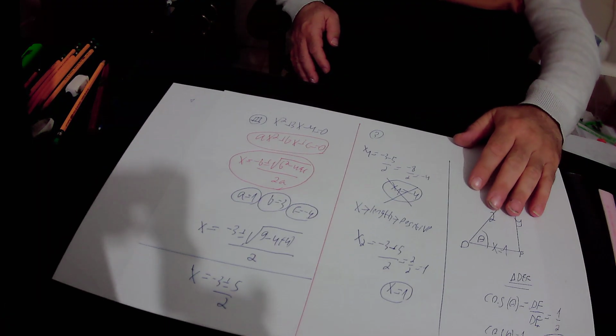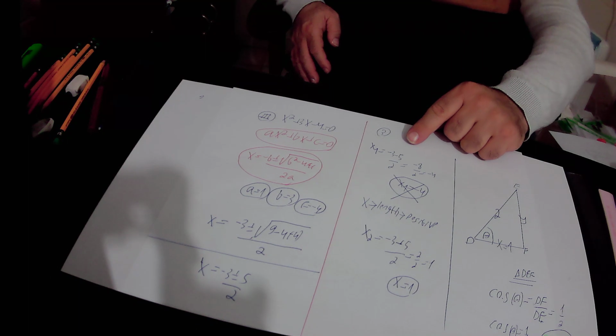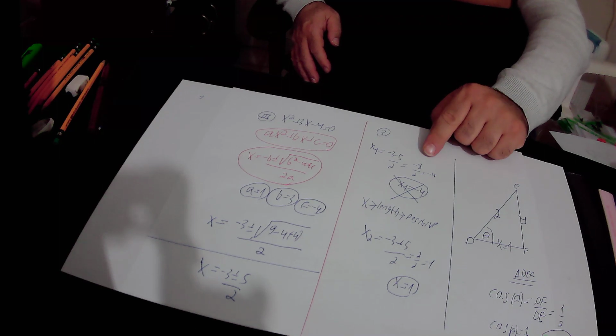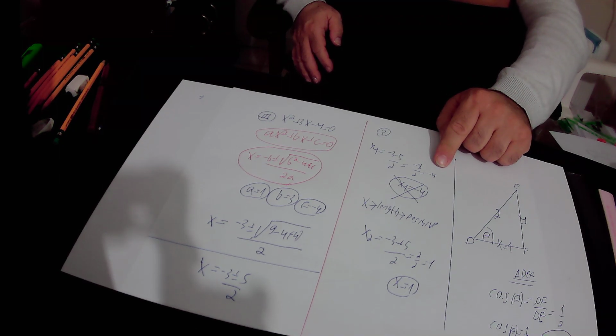So here we have two possible solutions for x. The first solution is x equals minus 3 minus 5 over 2. Minus 3 minus 5 is minus 8, and minus 8 over 2 is minus 4. The first solution is x1 equals minus 4.